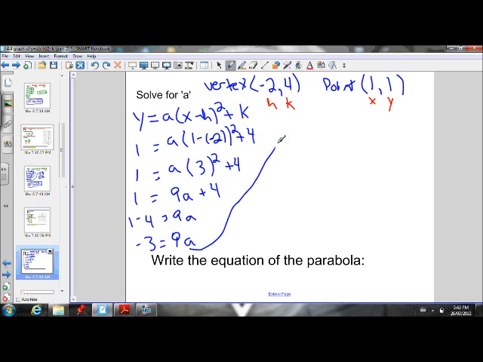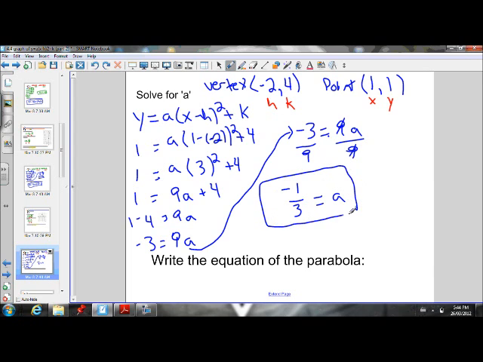If we continue, we divide both sides by 9, so we can get a by itself. These 9s cancel nicely, and -3 divided by 9 in lowest terms is -1/3. So our a value is -1/3.